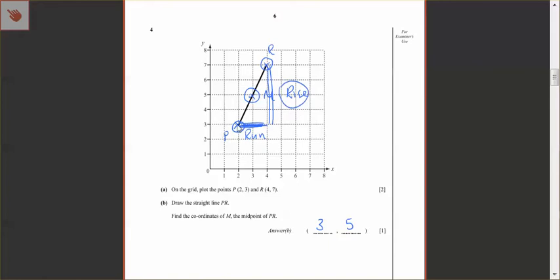From 3 up to 7, so it's a rise of 4. The run is from 2 to 4, so a run of 2. So I do rise divided by run. 4 divided by 2 is 2.